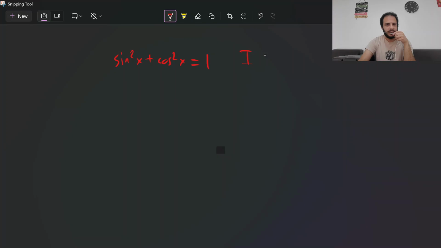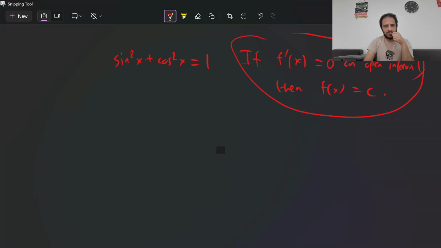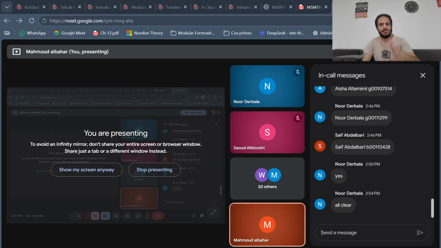We will use this. If f prime of x equals 0 on an open interval, then f of x is constant, equals c. Do you know how to use this theorem in calculus to prove this identity? What do you think?